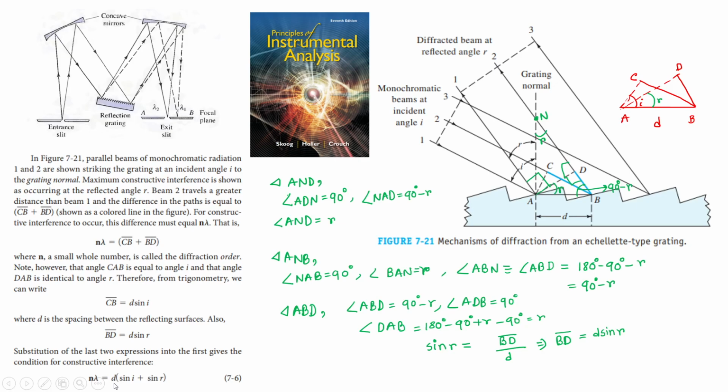The relationship states that n lambda is equal to D into sine I plus sine R. So this is one of the important relationships which we will use to solve a numerical problem which is coming in the next slide. Okay, let us do that.